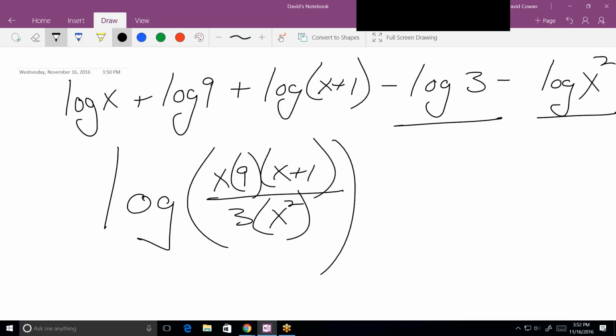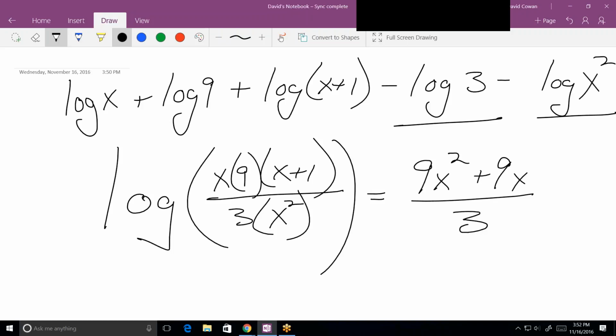Okay? Now, there's some simplification we can do here. Right. This becomes, let's see, x squared plus x, so that becomes 9x squared plus 9x divided by 3x squared. How can I simplify that?